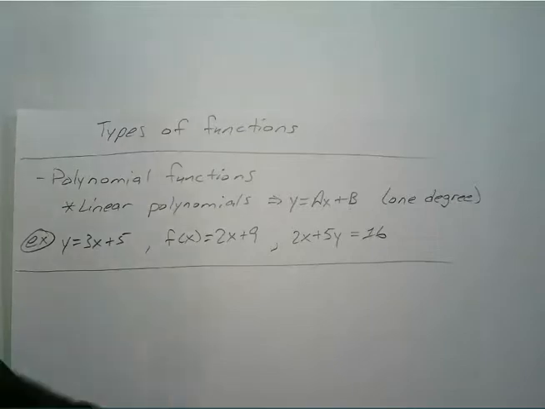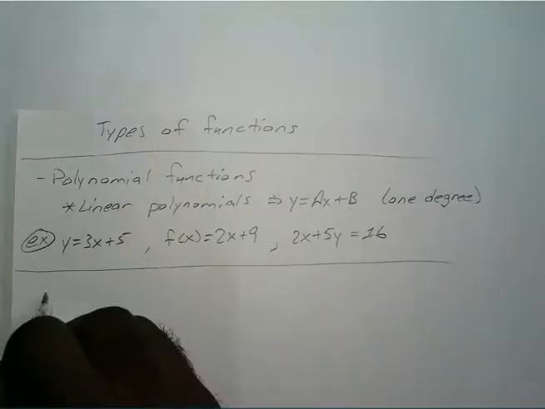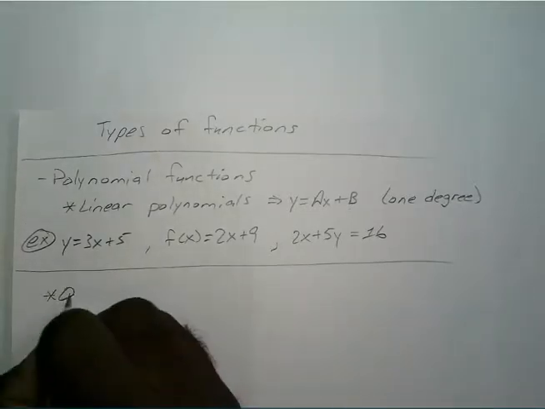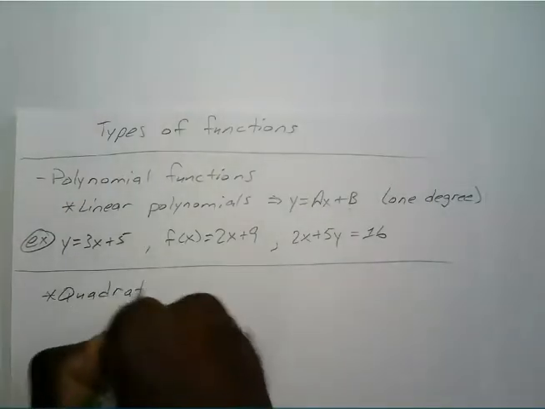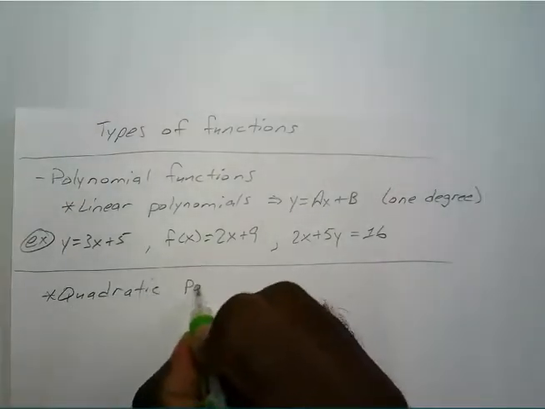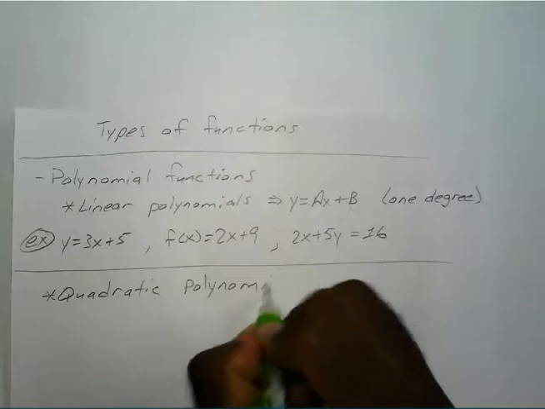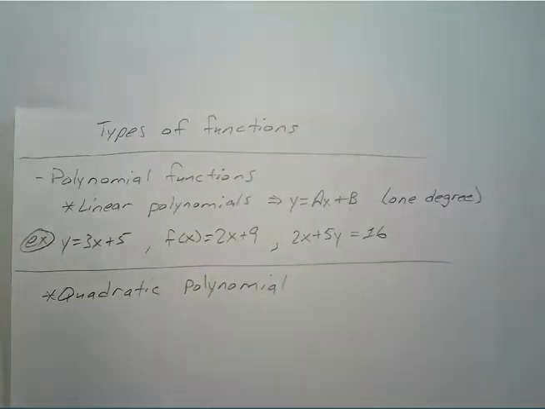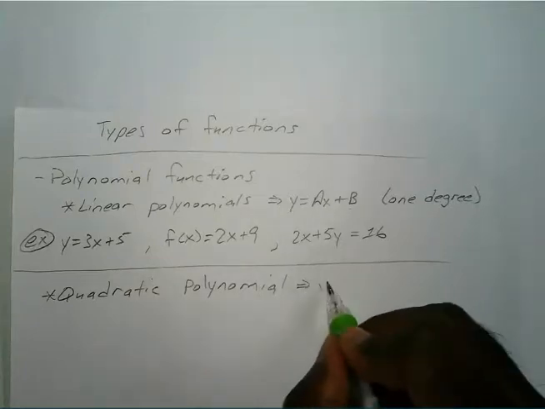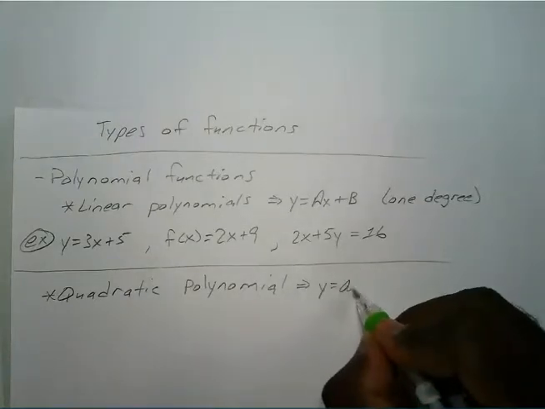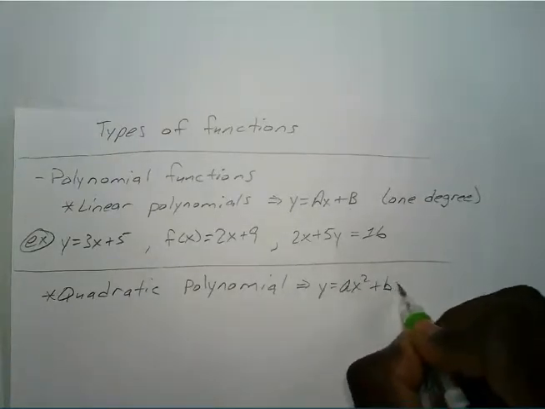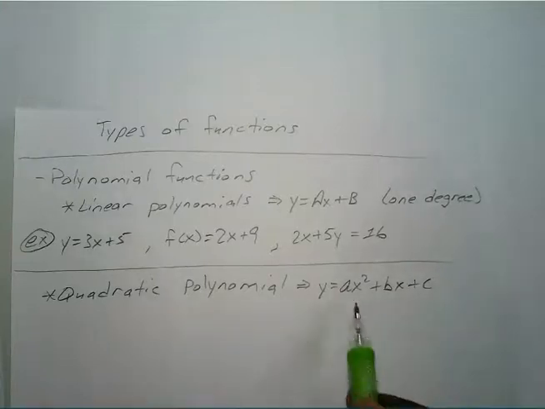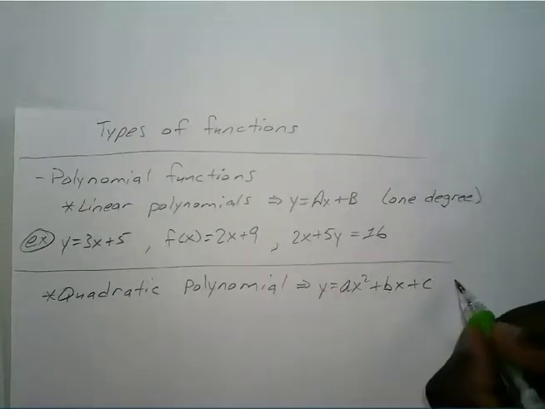Okay, so now let's look at the quadratic polynomial. The quadratic polynomial has the form y equals ax squared plus bx plus c, where a, b, and c are real numbers.